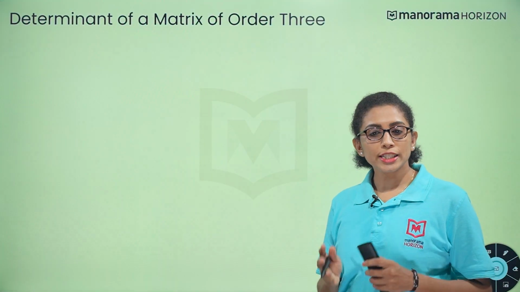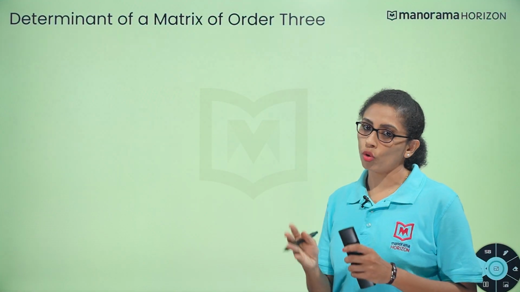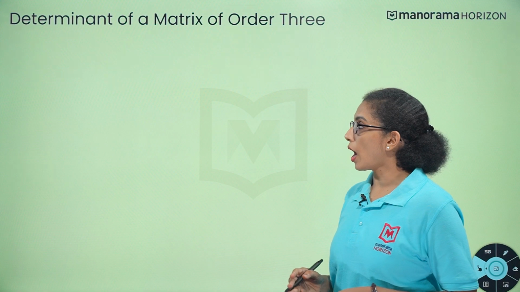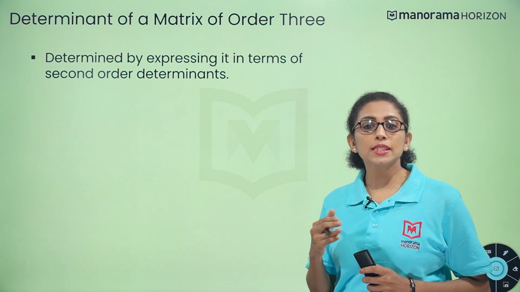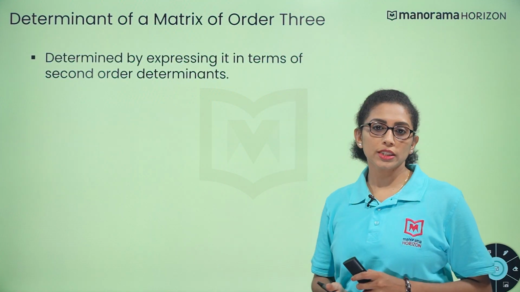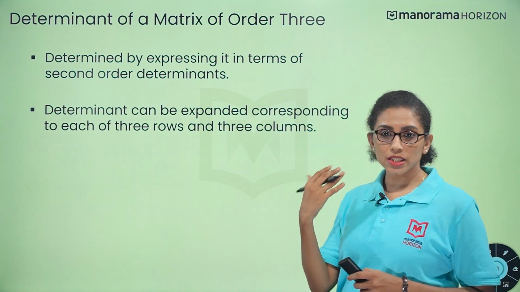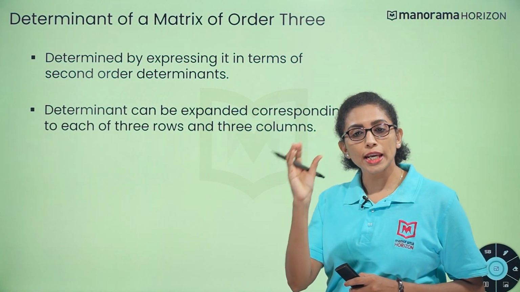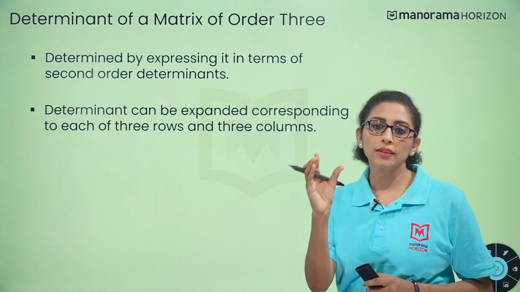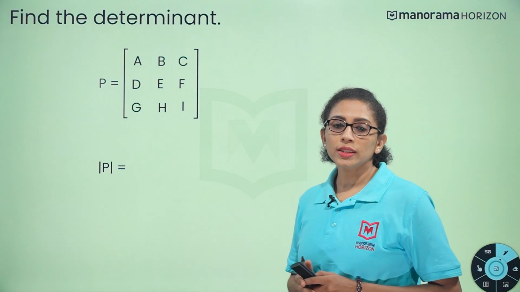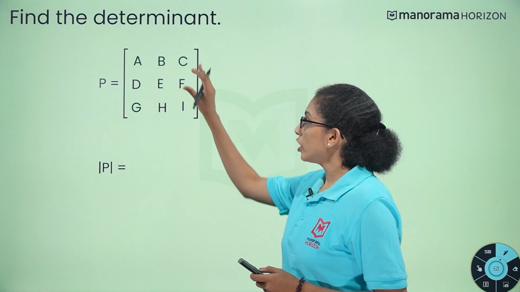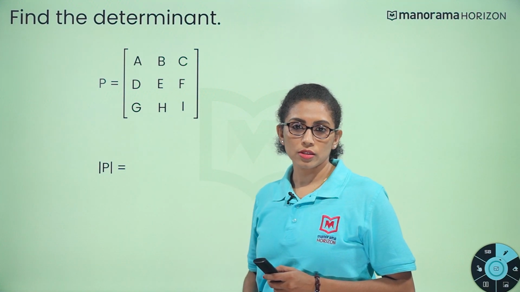Let's see. Determinant of a matrix of order 3 can be determined by expressing it in terms of second order determinants. Determinant can be expanded corresponding to each of the 3 rows and 3 columns. So we find the determinant by keeping the first row as a reference.